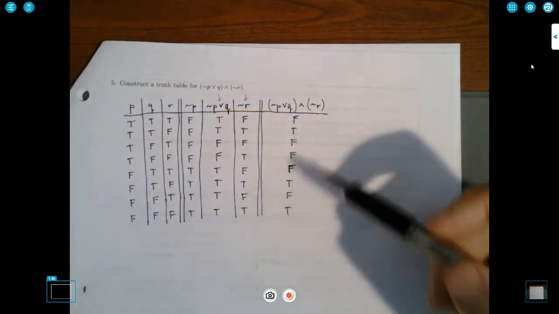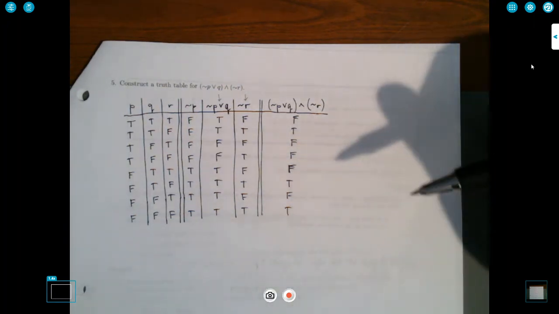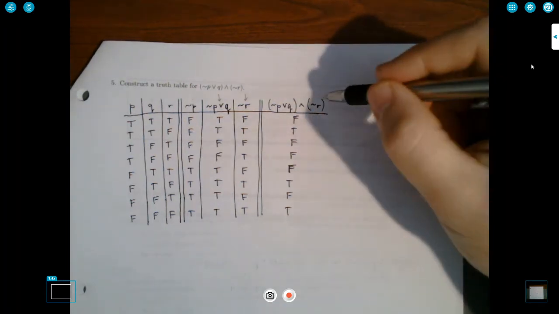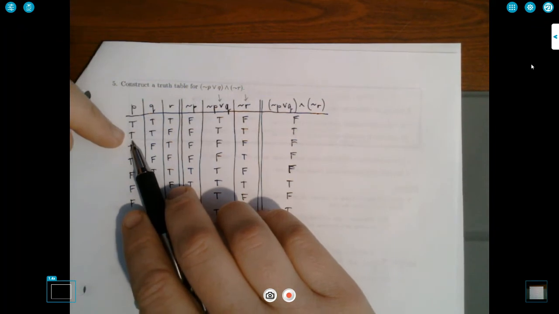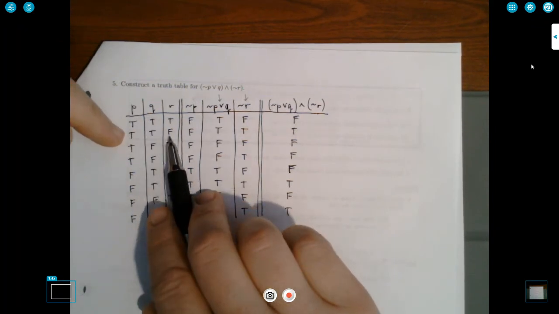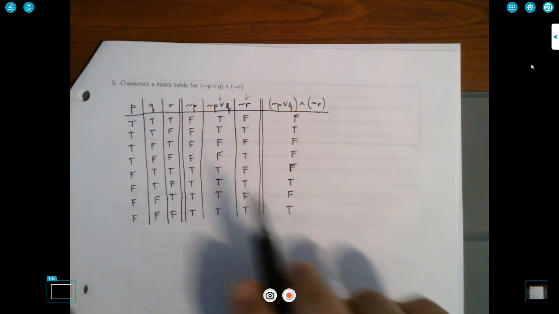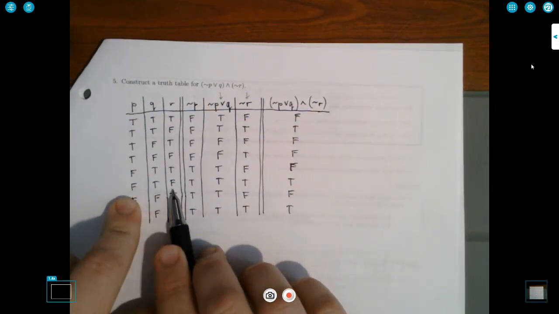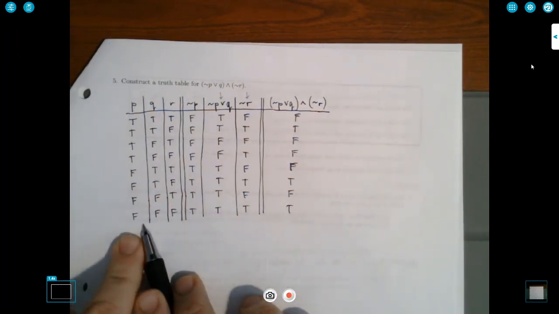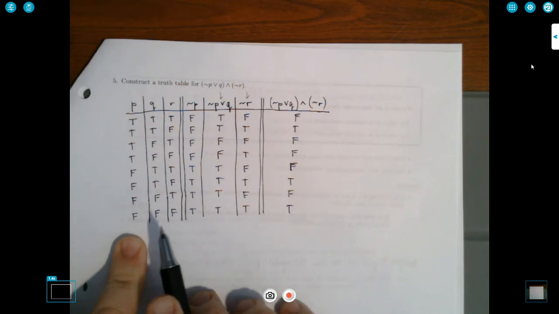That's the truth table, right? So this is the final goal. And again, you'll notice, how do you get a true statement? You get a true statement if P is true, Q is true, and R is false. Or you can get a true statement if P is false, Q is true, and R is false. That's kind of interesting. Or you can get a true statement if all three of the original simple statements are false.